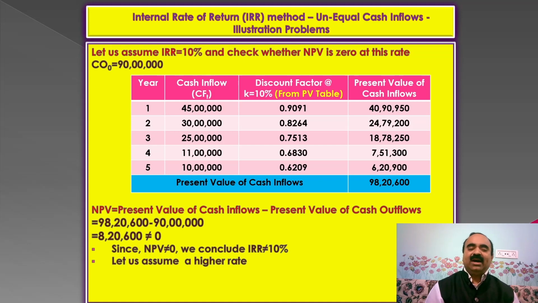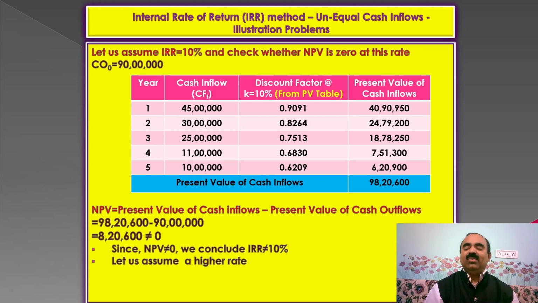You can observe that for year 1, cash inflow of 45 lakhs is multiplied with the discount factor of 0.9091 and derived the value of 40 lakhs 90,950 as present value of cash inflow. In year 2, 30 lakhs was multiplied with 0.8264 and present value of cash inflow is derived as 24 lakh 79,200.